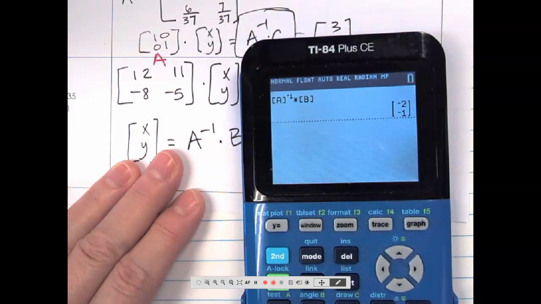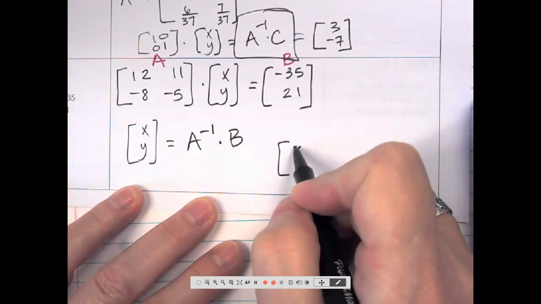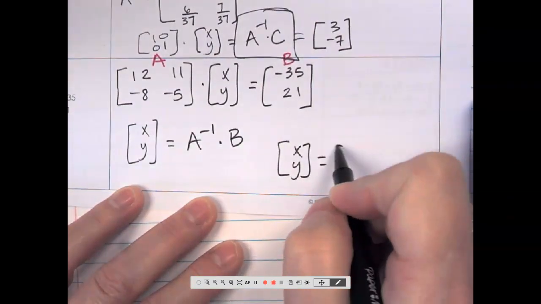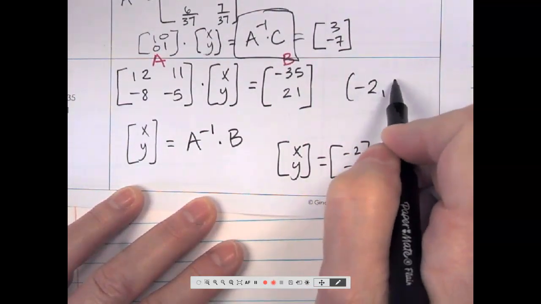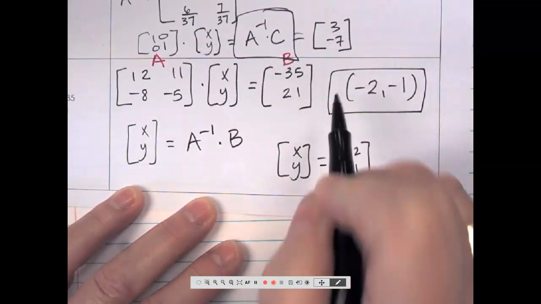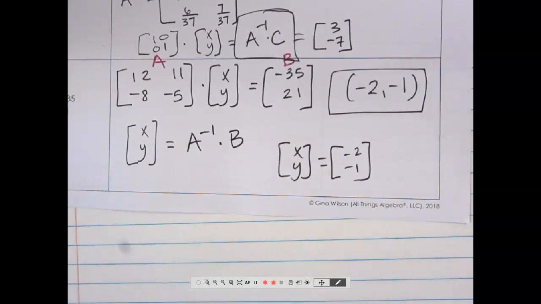So I would say xy equals negative 2, negative 1, therefore negative 2, comma, negative 1 is my point of intersection of those two lines. Find the same result by graphing, by elimination, by substitution, by Cramer's rule.